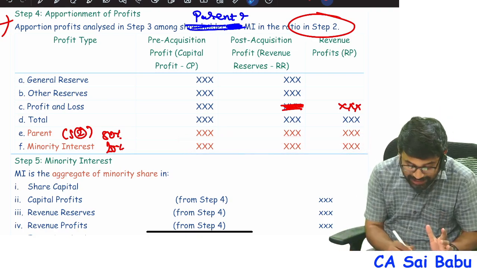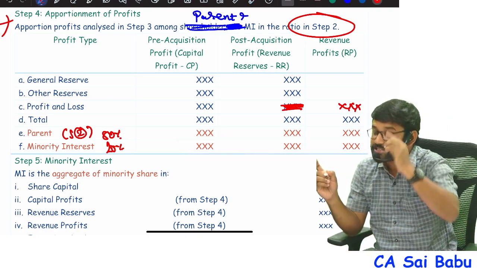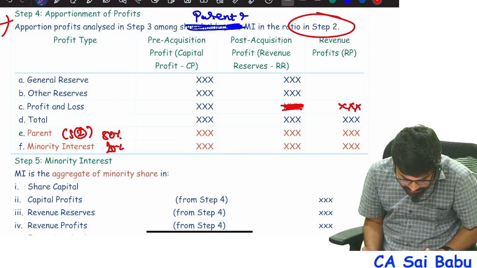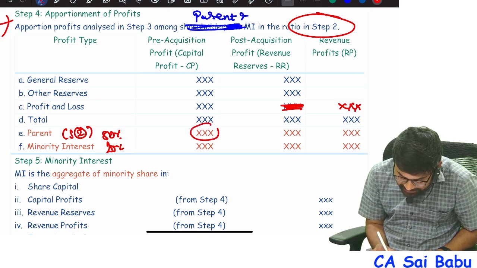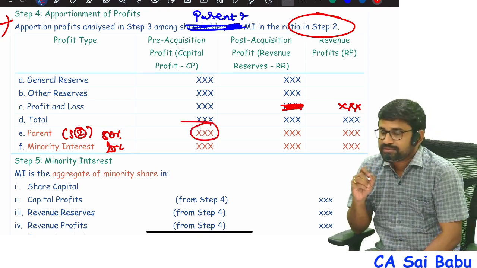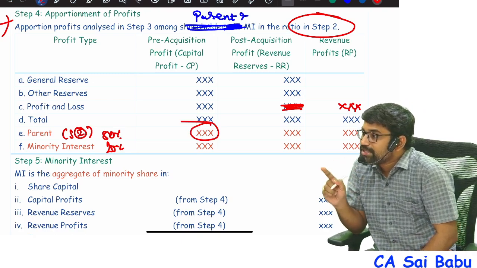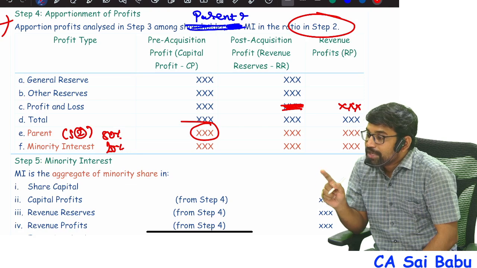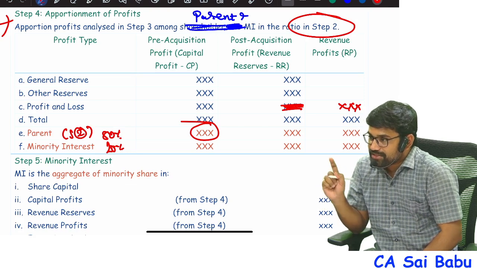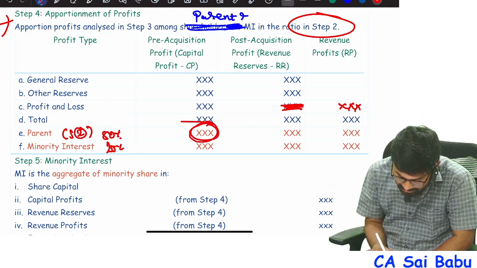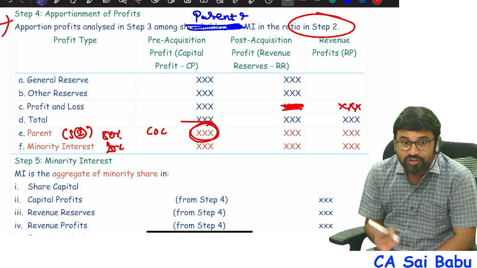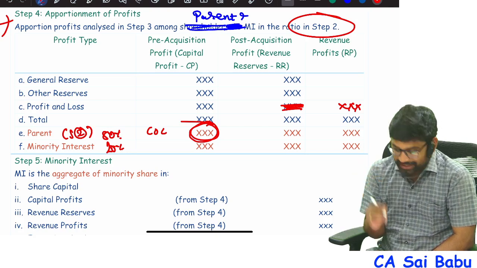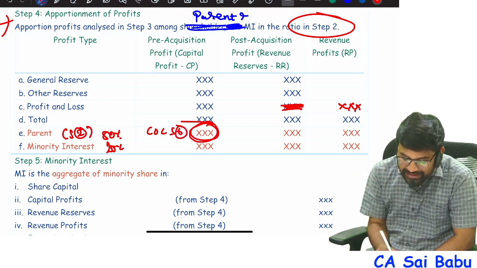Now I will tell you the most important point, listen to me carefully. Sir, parent company share in the pre-acquisition profits of subsidiary, this amount is adjusted to cost of control, cost of investment in step number 6.